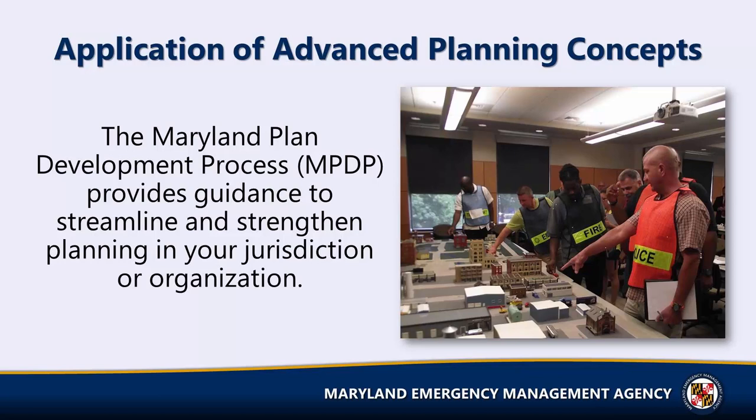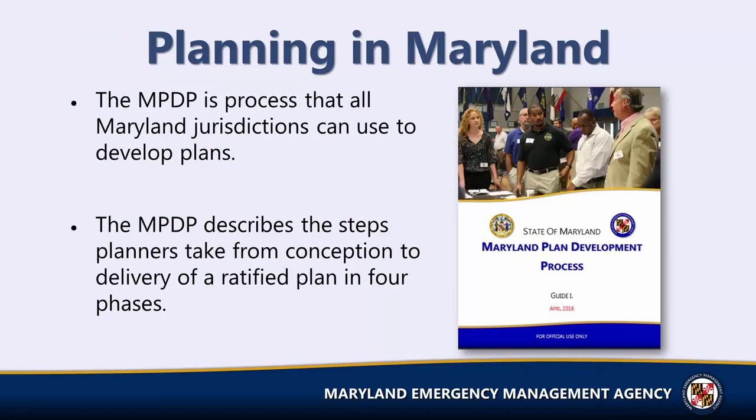The concepts discussed here are components of the MPDP and will be the basis of the classroom portion of this training. The MPDP offers a simple yet in-depth process that all Maryland jurisdictions can use to develop plans. The MPDP describes the steps planners take from conception to delivery of a ratified plan in 4 phases.